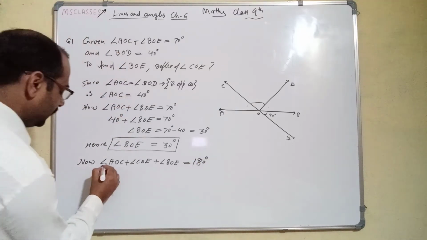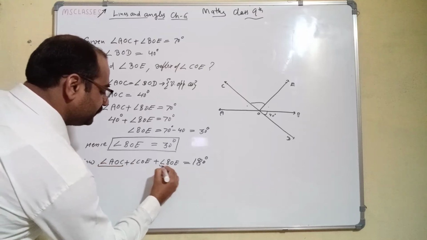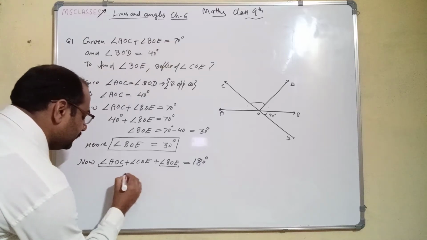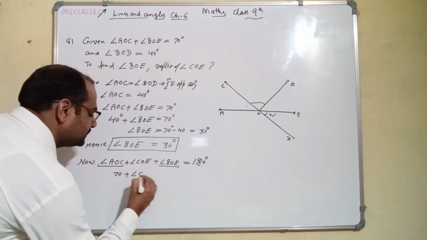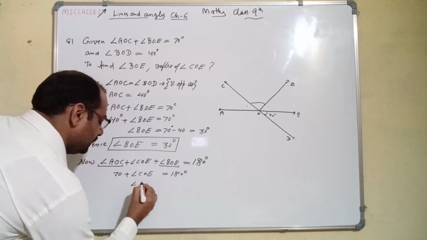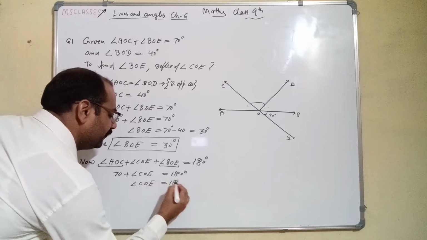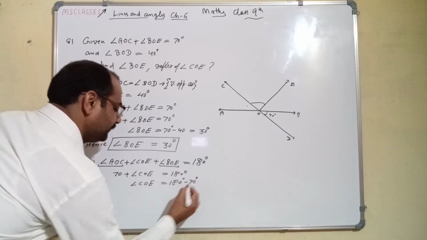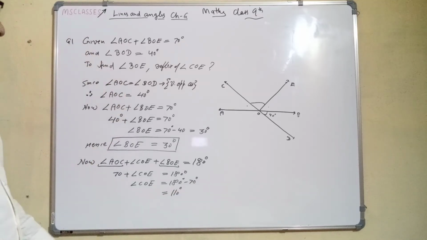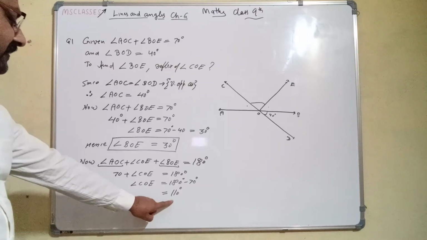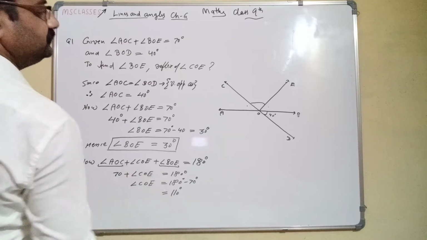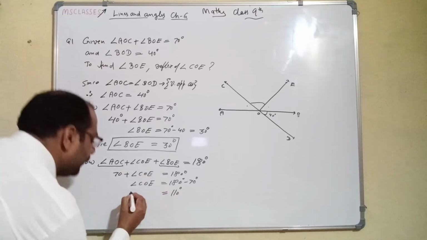You know AOC plus BOE is equal to 70 degree, plus angle COE is equal to 180 degree. Then angle COE is equal to 180 degree minus 70 degree, this is equal to 110 degree. So guys, this angle is 110 degree. Now you have to calculate the reflex of angle COE.